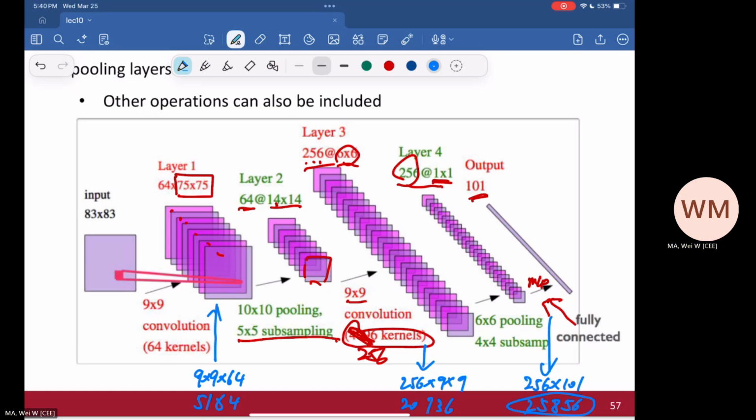This one is 25856. From this, you can see that for the MLP, even though we have already downsized the image a lot, the final layer holds half of the parameters. This one is 25K parameters, while the first layer plus this one is just 5K, and this one is 20K parameters.